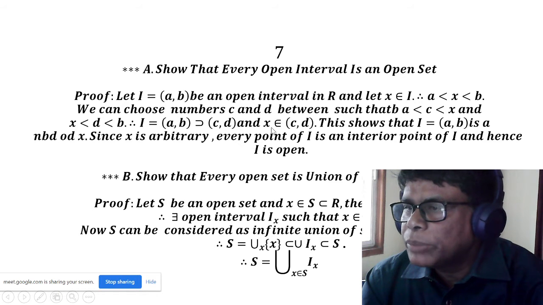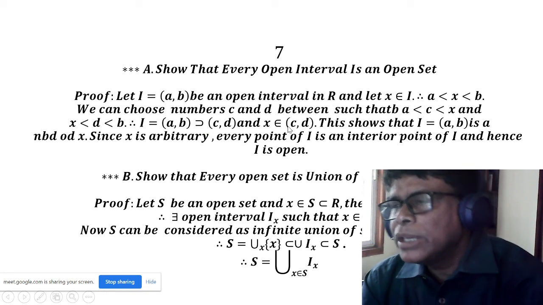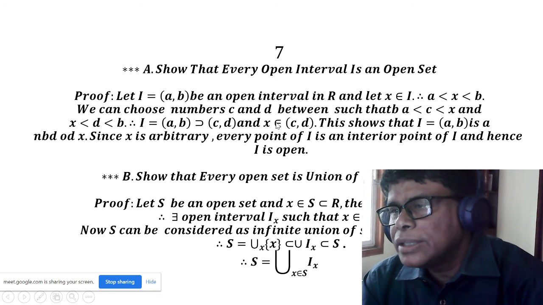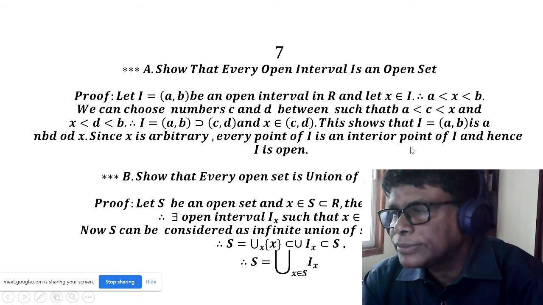X is an interior point, because that set wholly lies between A and B. So from the consideration of interior point, X is an interior point of I, so I is open.